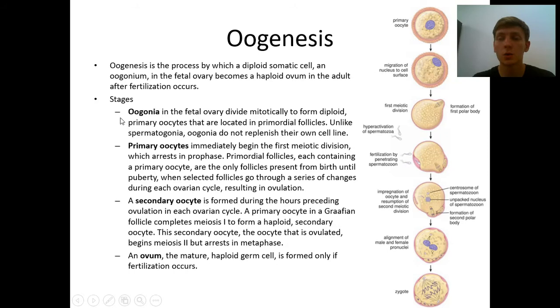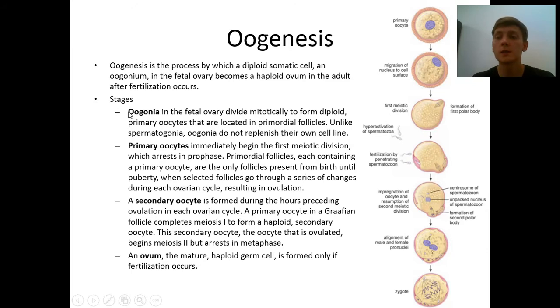Oogenesis starts with oogonia, present in fetal ovaries. This cell is primarily associated with the yolk sac, and from the yolk sac the oogonia transport to the genital ridge, where they settle and continue maturation until the primary oocyte.